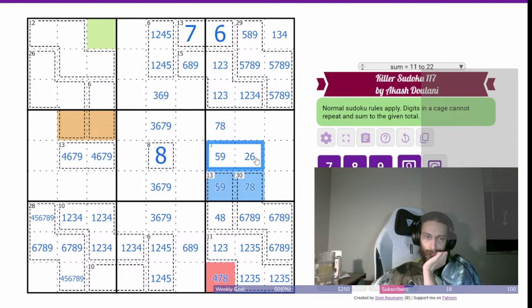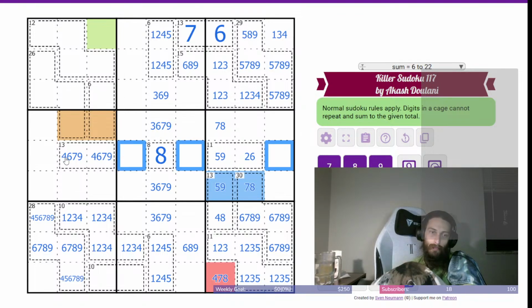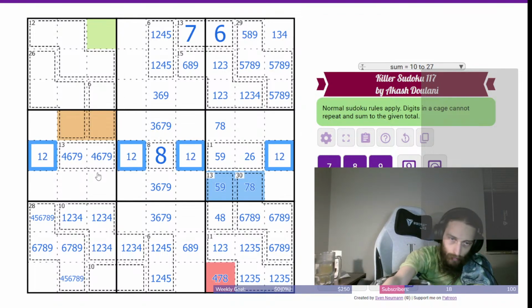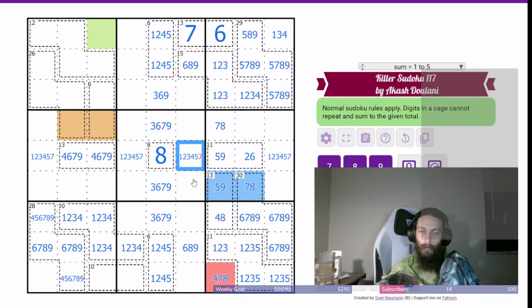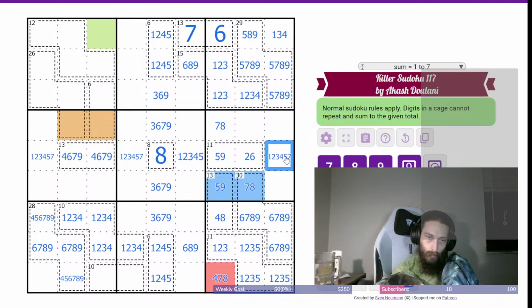I think I have a virtual 6, 9 pair here. Because this has to have 6 or 9 in it, and this has to have 6 or 9. Right. 8, 6, 9. So 7. Well, that's a lot of digits. Well, the last one can't be 5 or 7.